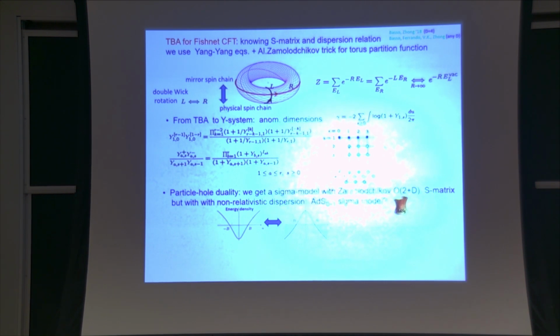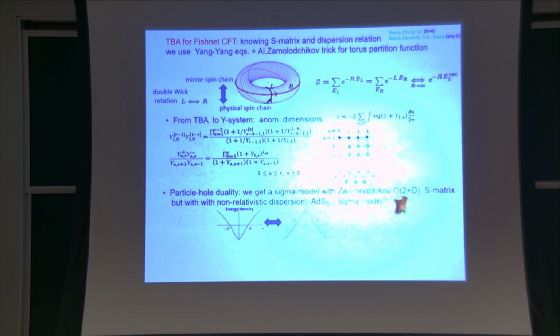The last curious comment is that if you do in this system what we call particle-hole duality, that was noticed by Basso and Zhong, you obtain from this model a sigma model on AdS D plus 1, essentially.